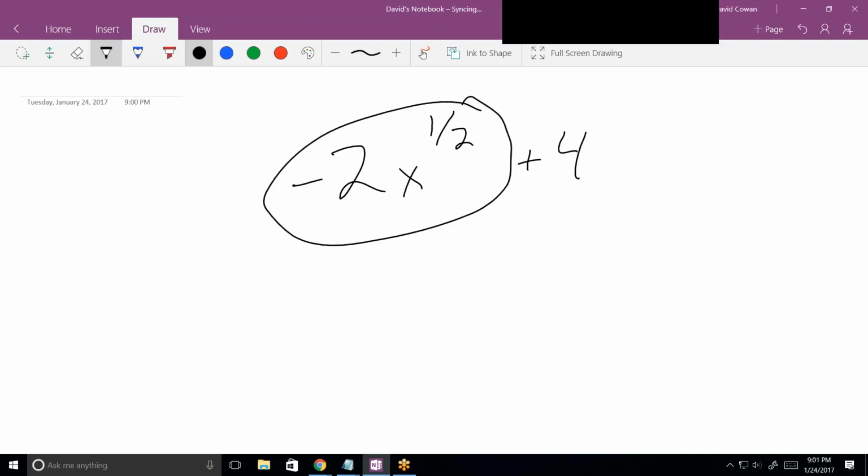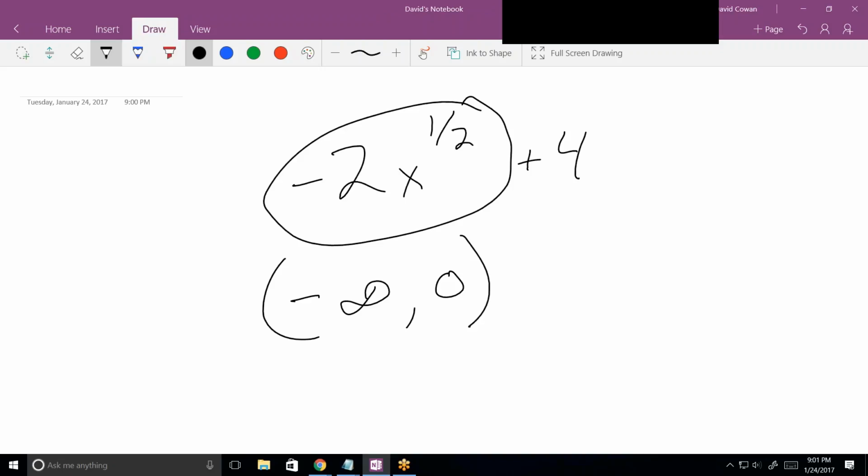What's the range on that? The range? We know the domain on just that part that I've circled is 0 to infinity. Is it 0, or would the range be then 4 to negative infinity? It would be negative infinity to 0.